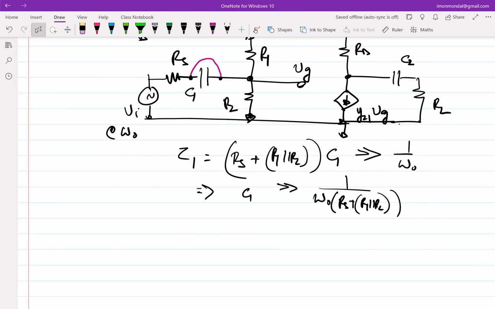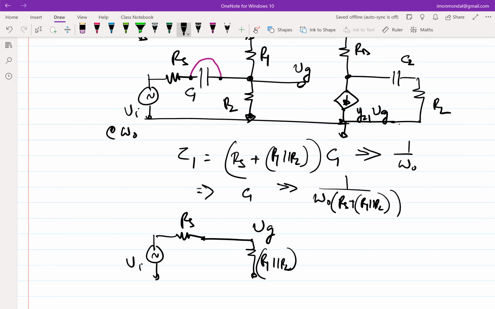Okay. So essentially, if I have to sketch the input side, this becomes VI, RS, capacitor is a short, and I have R1 parallel R2. This is VG. Correct? And we expect VG to be almost equal to VI in a good design. Right? If VG is almost equal to VI, then what do we need to ensure?